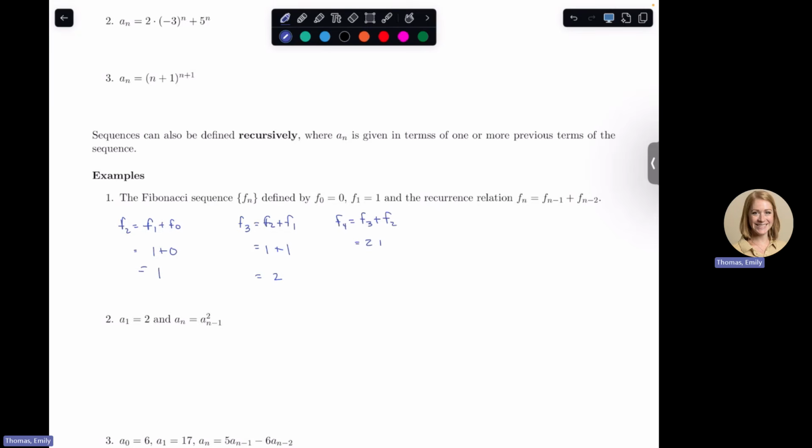F3 is 2. F2 is 1. I'm getting lost in all of the numbers, but here we are. And this goes on and on, right? But knowing the entry you're on, you need to know the 2 previous entries.